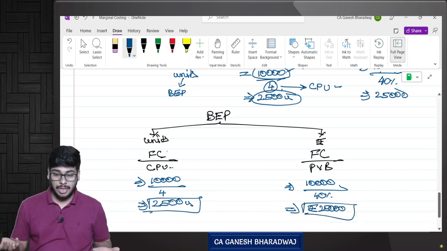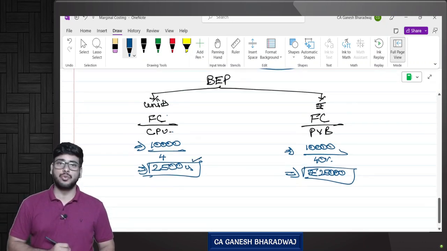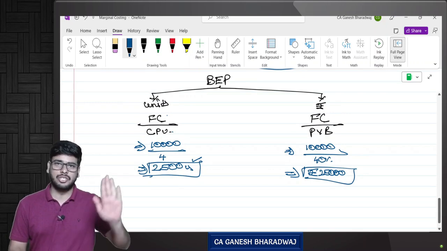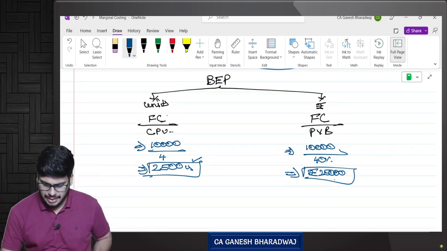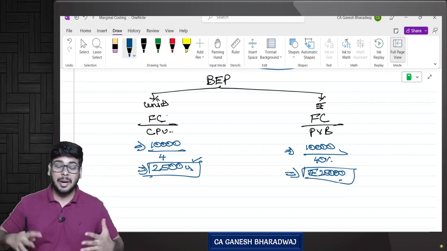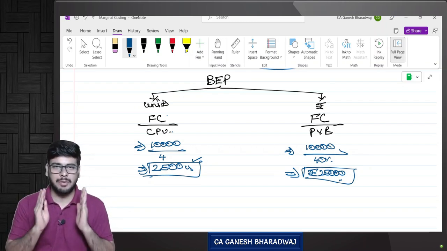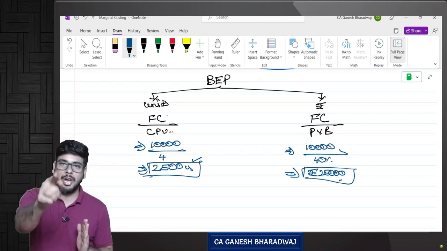Or in other words, you can also say, sir, I will find the break-even point in units. 2,500 units. So number of units into selling price: 2,500 into 10, you will get 25,000. That way also you can do. But directly, if you want to calculate the break-even point, what is it? Break-even point is a point of sale.